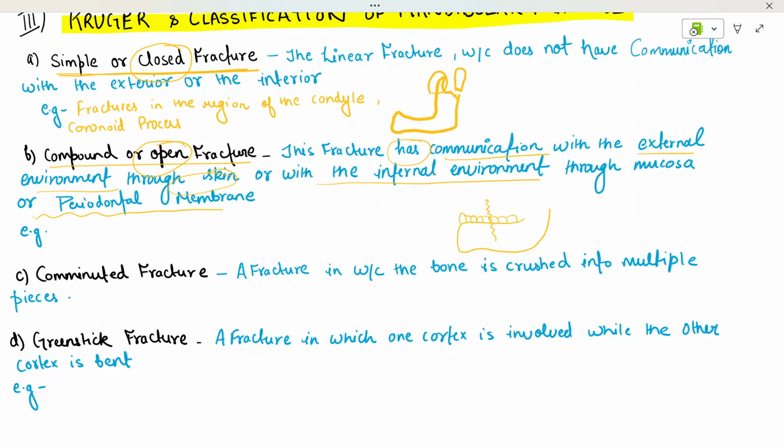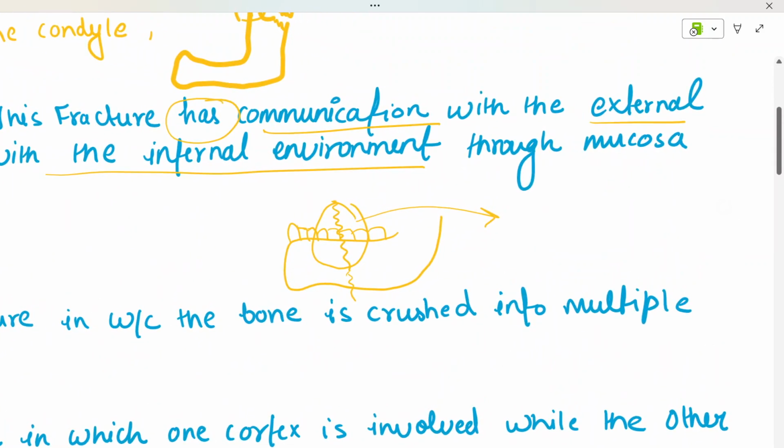Why is this type of fracture a compound or open fracture? If I zoom in on this particular part, you can see that in this fracture, supposedly this tooth is a first premolar and this adjacent one is a molar, and the fracture line is going somewhat like this. This would have been the roots of the molars, and this is the root of the premolar.